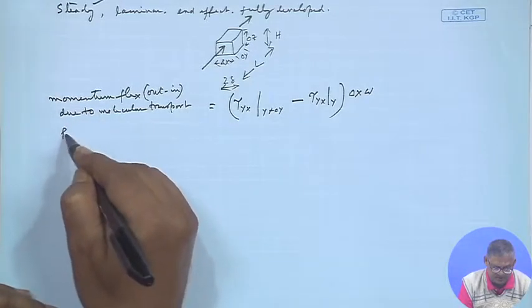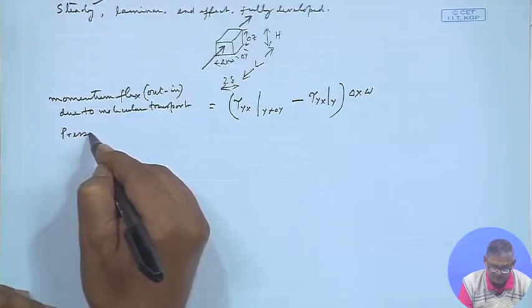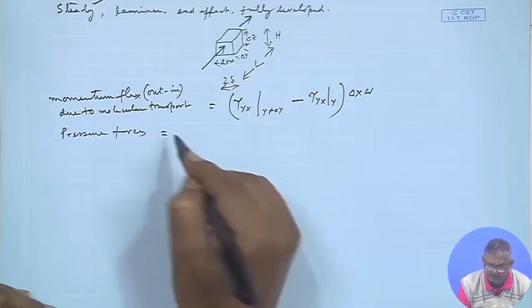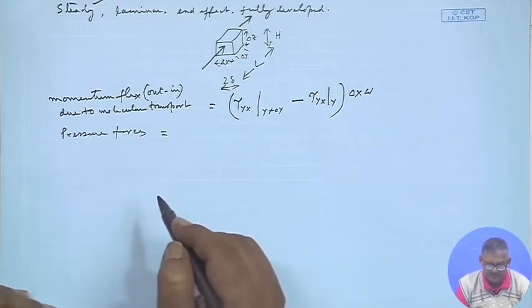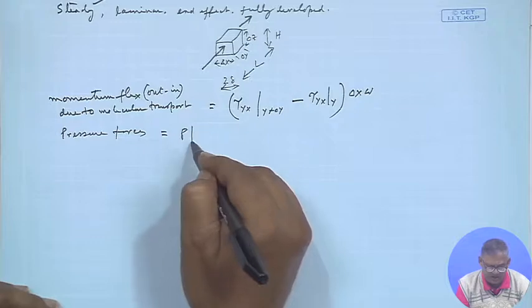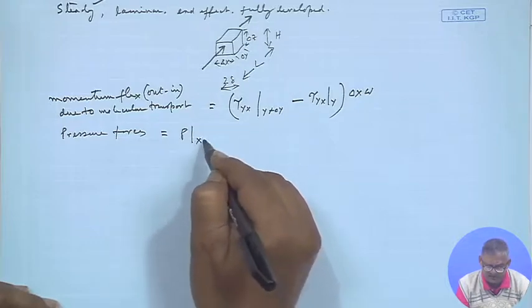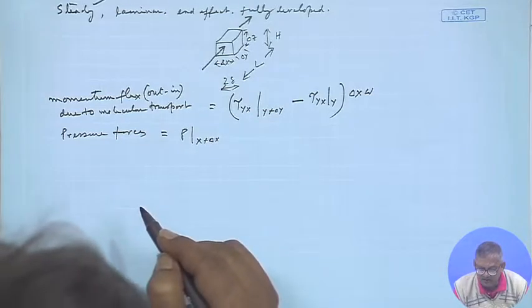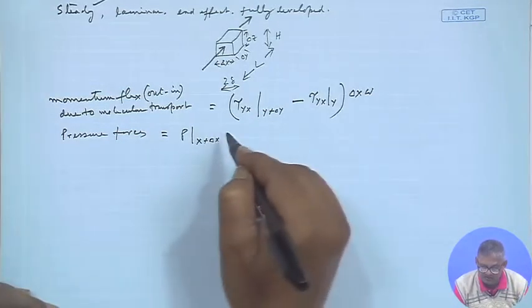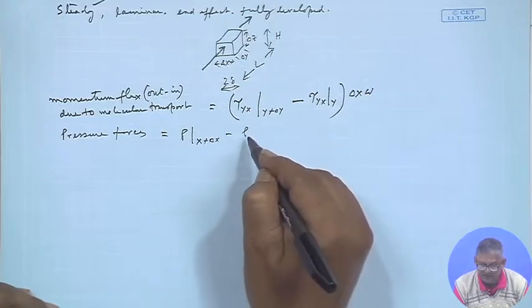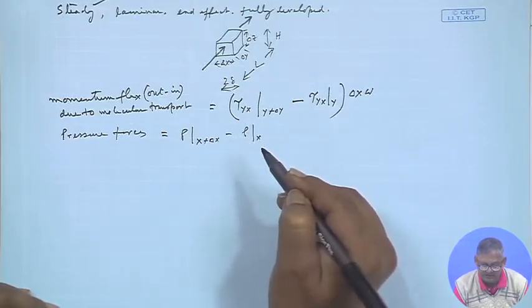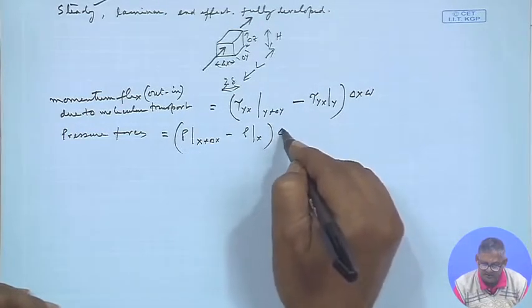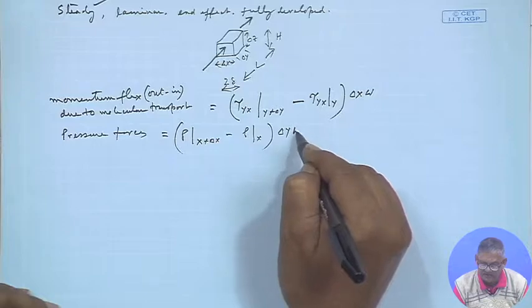The pressure force acting on this volume element, net, is P at the face x plus delta x minus P at the face x, times the area, that is delta y times w.